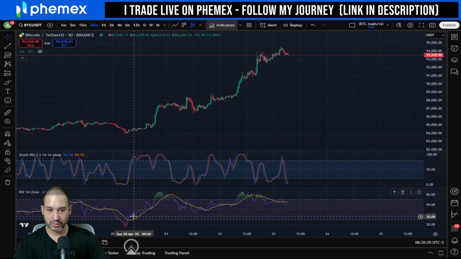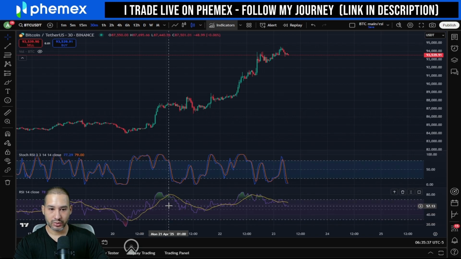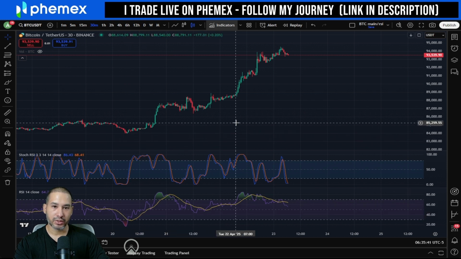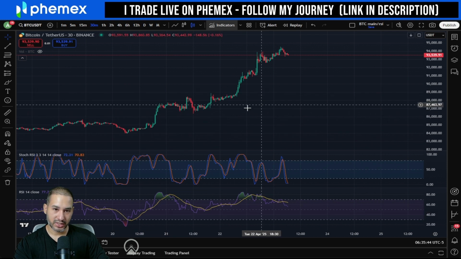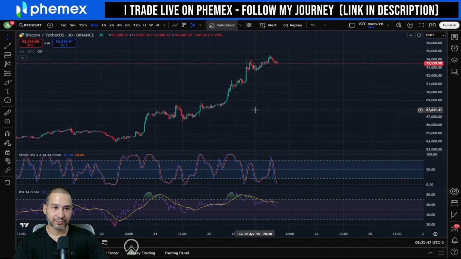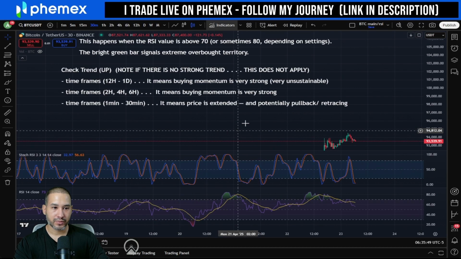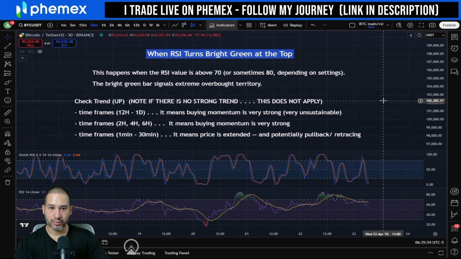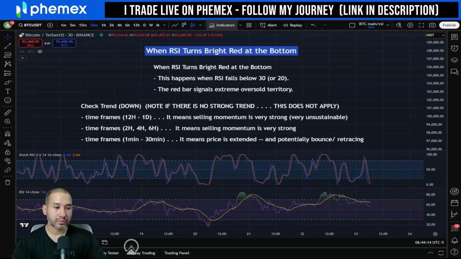On the larger time frames, trend is still going up, momentum is still going up, maintaining its strength. That's when you want to look for all those things to coincide and line up together to enter into that long. All right, so this covers being overbought in regards to being in an upward trend.